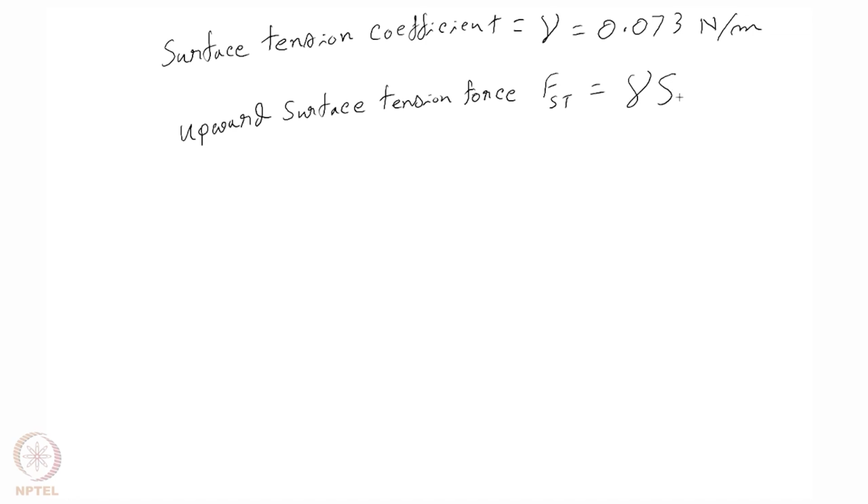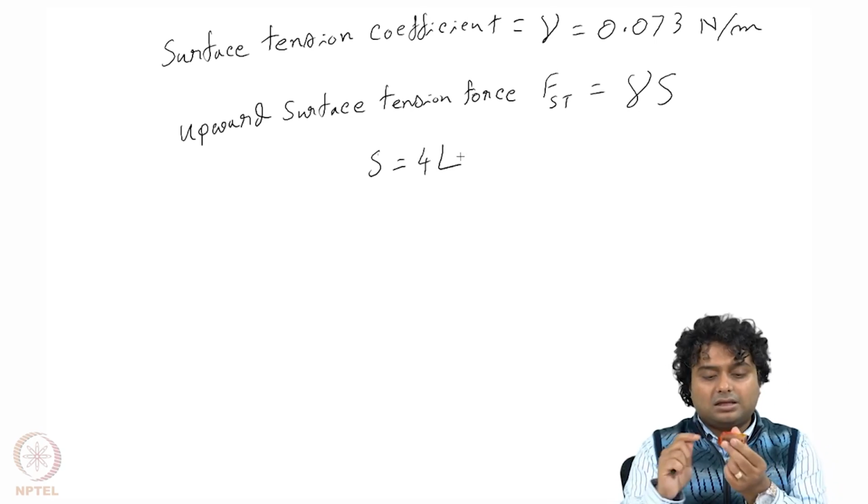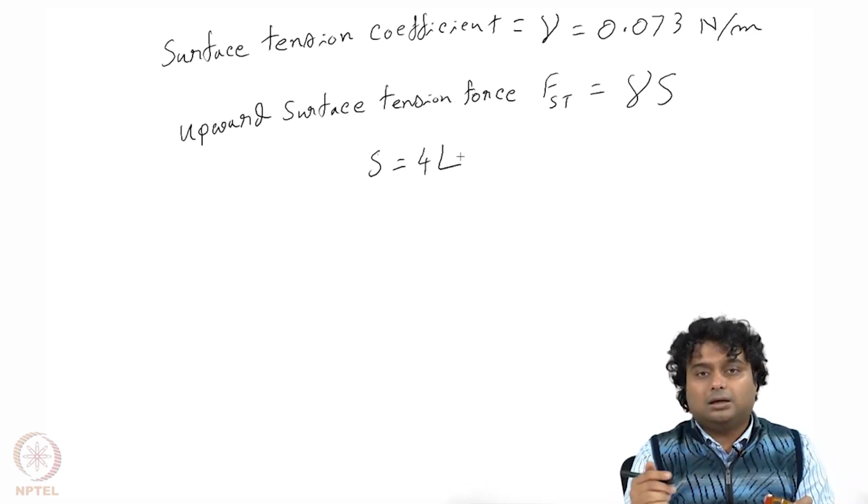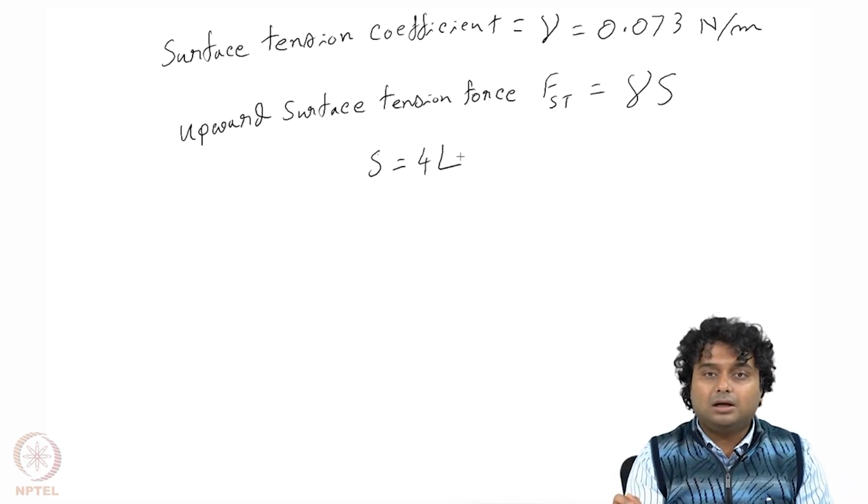So what is this S in this case? As the block is a cube, S is equal to, it has 4 sides in contact with the water, right. So S equals 4 into L. It is like this glass block and it has 4 sides, 1, 2, 3, 4, right, and these 4 sides are in contact with the water.